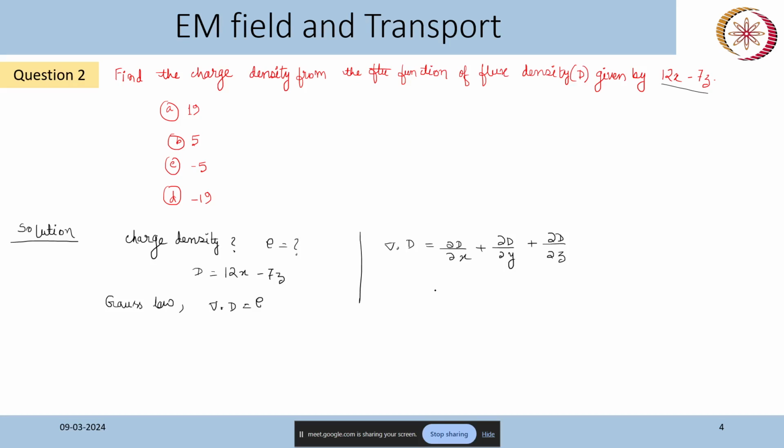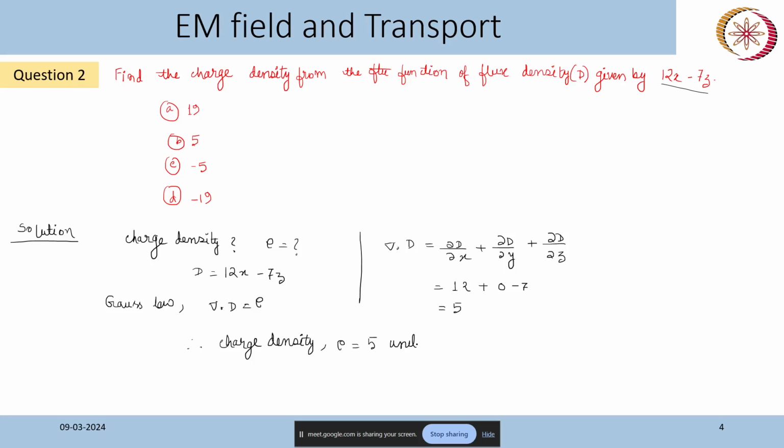So del D by del x will be 12, plus del D by del y will be 0, and del D by del z will be minus 7. So this is 5. Our answer is that charge density rho is equal to 5 units.